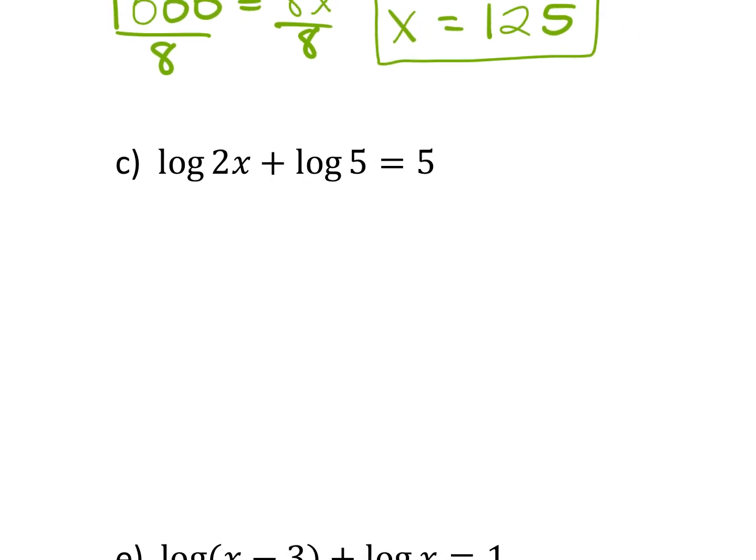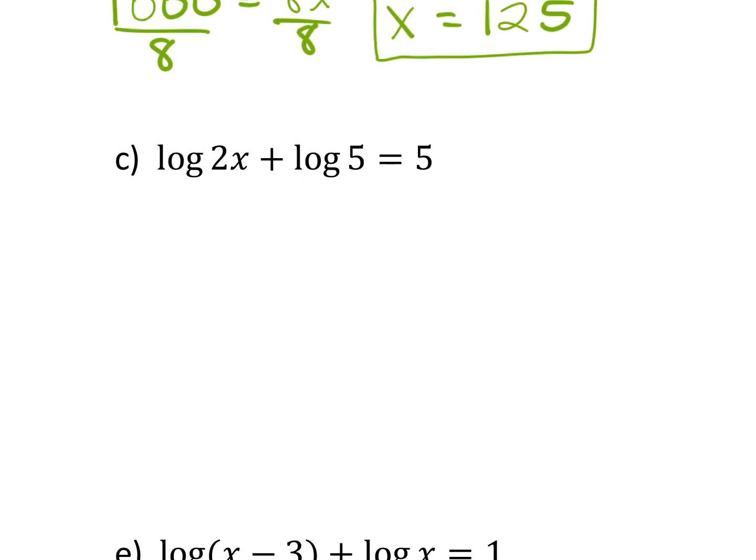Let's look at this one. This one's similar. What do you do with this one? You multiply, okay? Addition is going to give us multiplication. So this is going to be the log of what? 10x. 2x times 5. So 10x equals 5. How do you put that into exponential form? Yes.